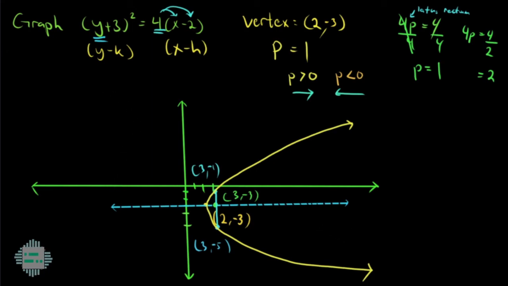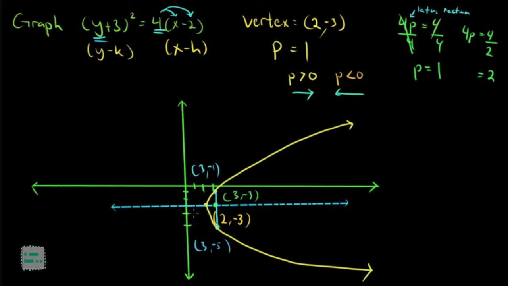So, para mas maging kumpleto yung graph natin, ilagay din natin si directrix. Si directrix ay isang line na makikita naman sa labas ng parabola, the same units away from the vertex kagaya ni focus. So, kung si focus ay 1 unit from the vertex at nasa loob si focus ng parabola, niyakap siya ng parabola.